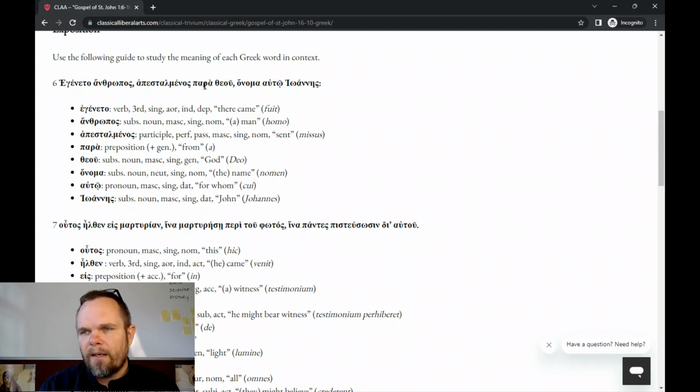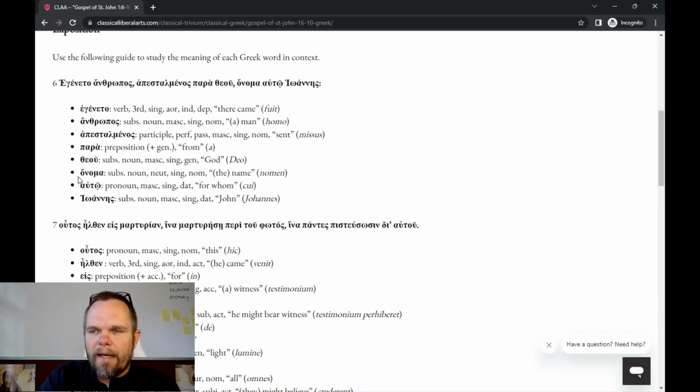But St. Jerome explains his method of interpreting and translating sacred scripture, which is helpful for us to understand. So we see missus a Deo in Latin, St. Jerome's translation of this phrase, apestalmenos para theou, sent from God.